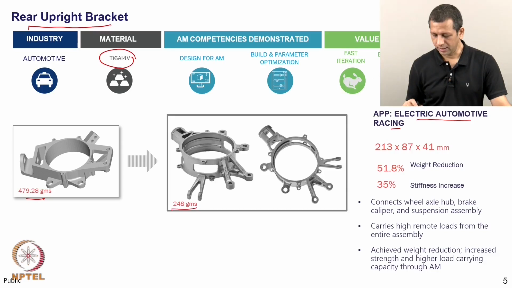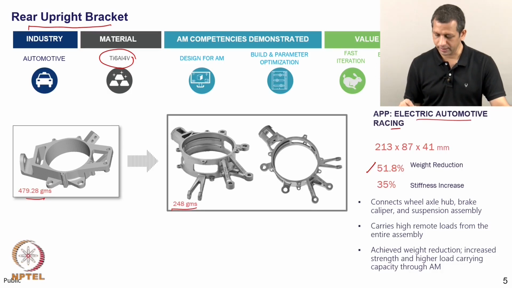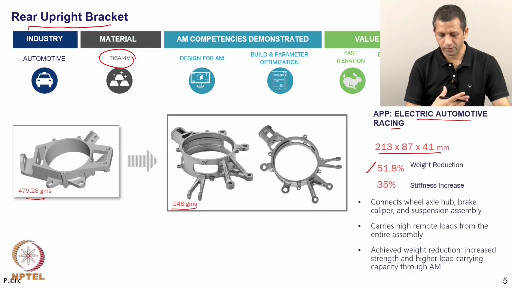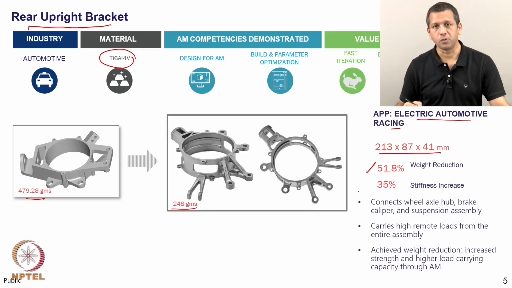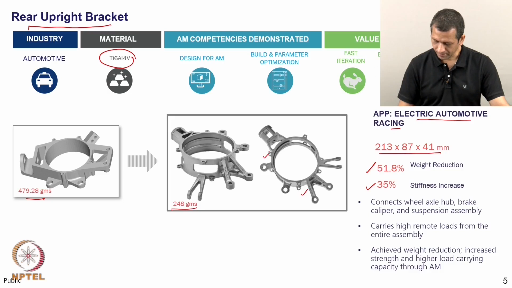So there is an approximate weight reduction of about 52%. The size of this component is 213 by 87 by 41 mm, and just by using the additive manufacturing process, there was also some property enhancement. There was a 35% increase in stiffness, and also there was some improvement in the strength of various parts of this component.